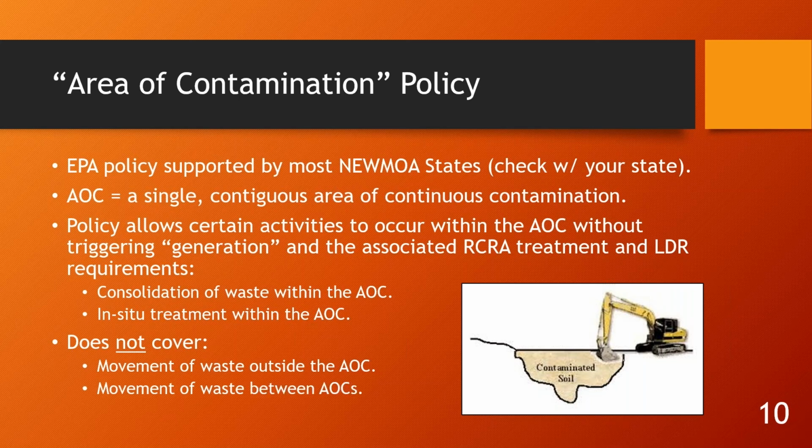Similarly, if you move between two different areas of contamination, then you run into the RCRA requirements for how waste can be moved. So again, I wanted to emphasize that when you define your area of contamination, make sure you take into account that contaminant zones can intermix and interfinger with each other. And ex situ treatment is obviously not covered under that exemption.